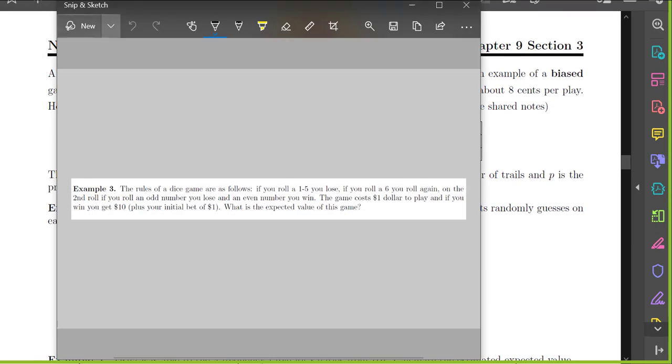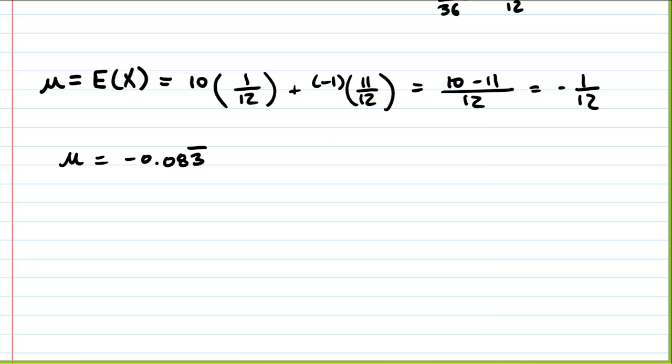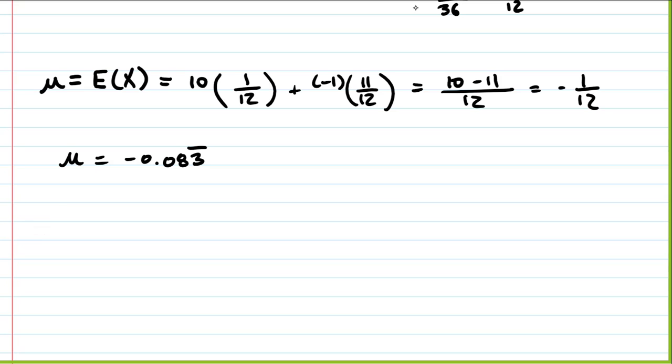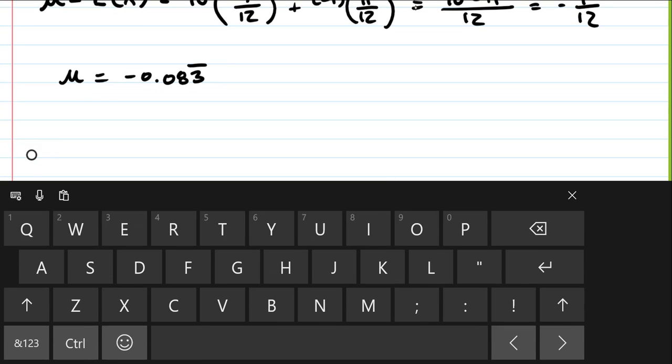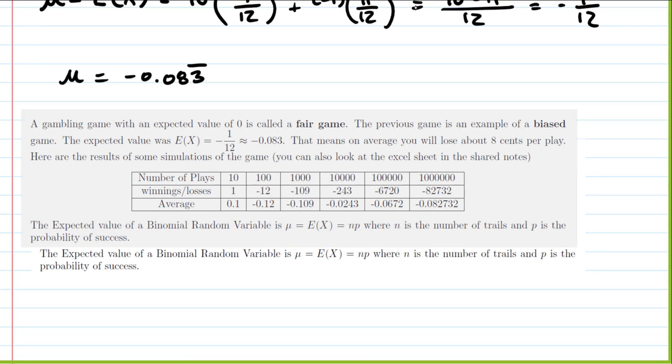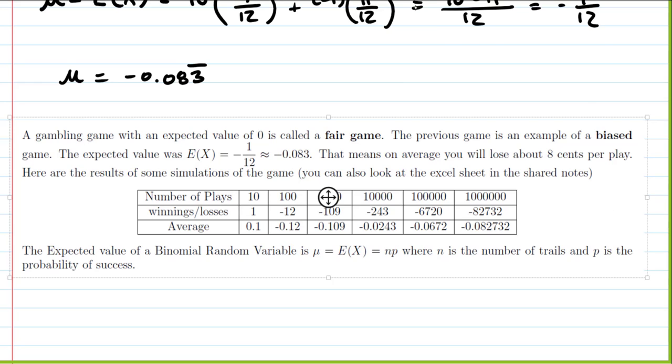So based on that, we have the following definition. A gambling game with an expected value of 0 is called a fair game, which means if you played that game again and again, your expected value is 0, so if you played long enough, you wouldn't win anything and you wouldn't lose anything.